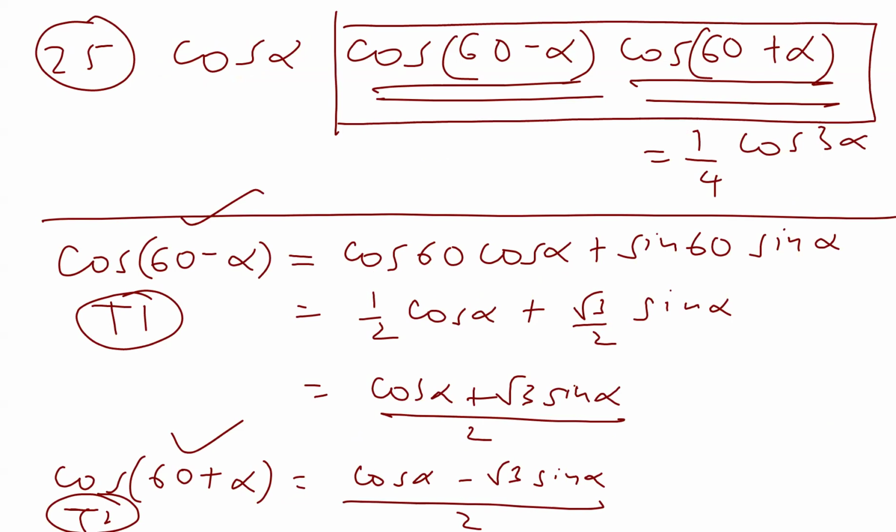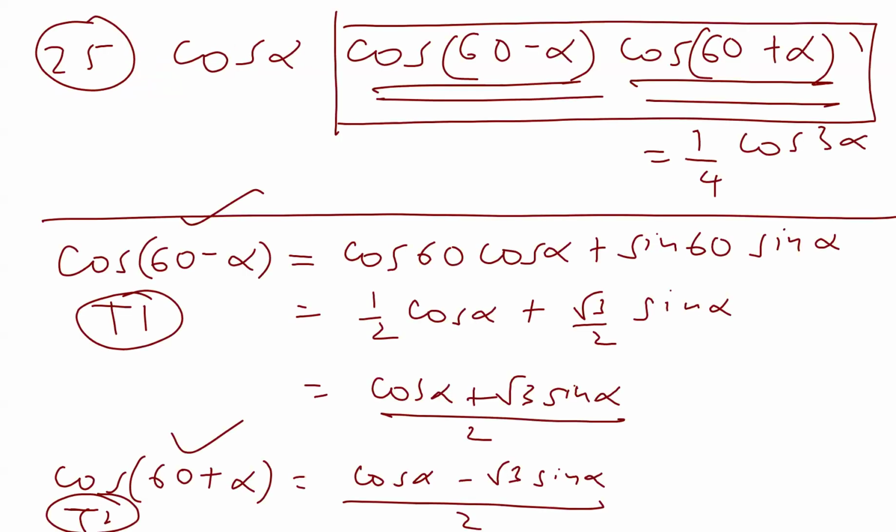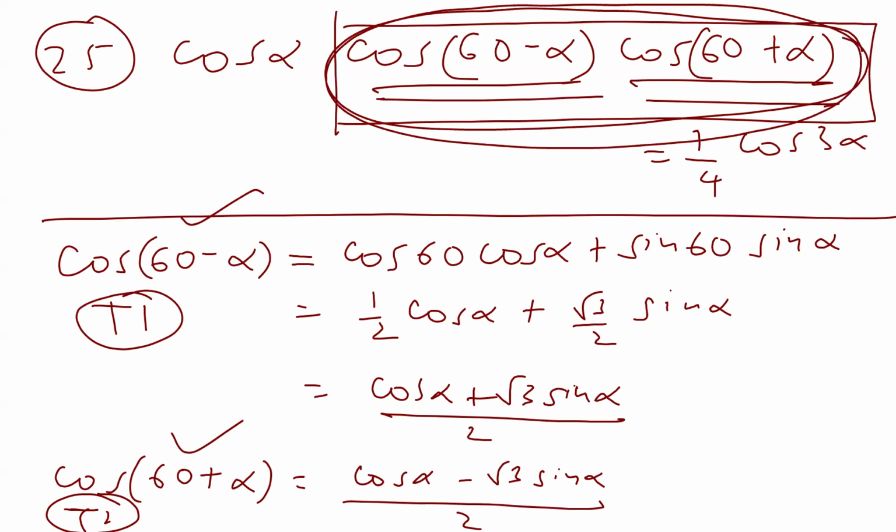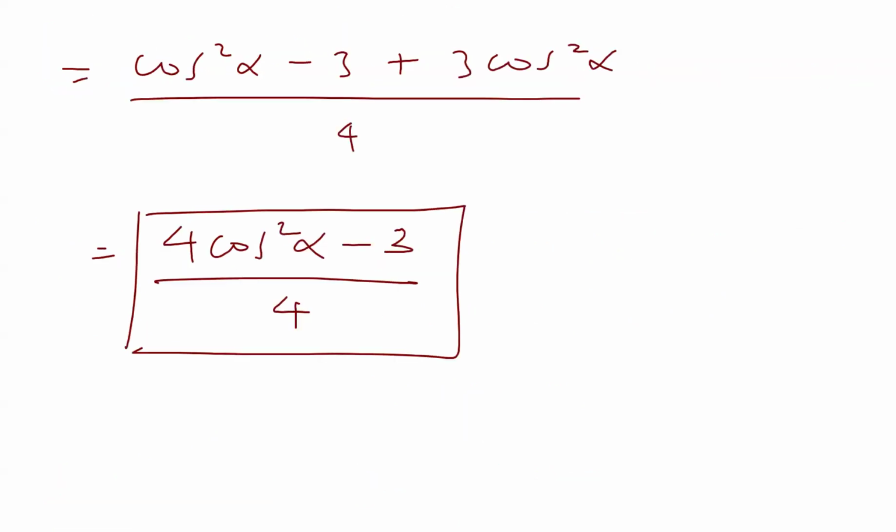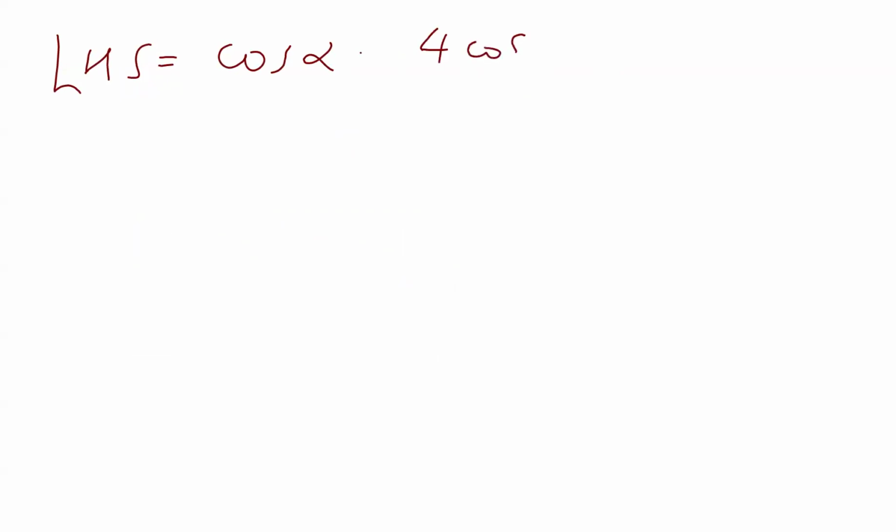Now what I will do is I'll start with the LHS. LHS is equal to cos alpha into, now look at these two terms. We have calculated individually and multiplied these two terms, and the answer was 4 cos square alpha minus 3 upon 4.